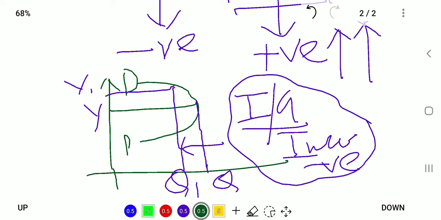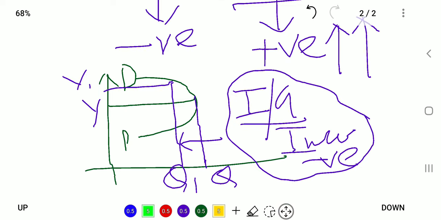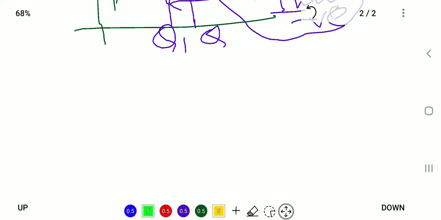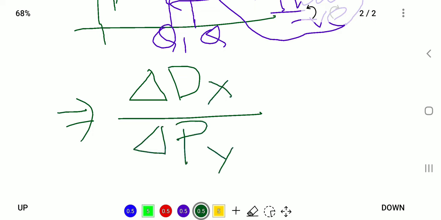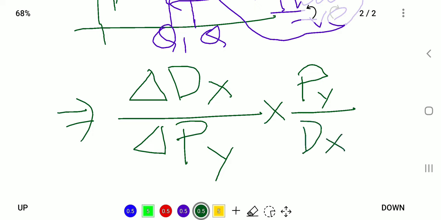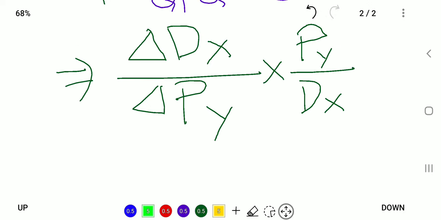And what is cross elasticity? Cross elasticity is presented by delta D suffix x whole divided by delta P suffix y multiplied by P suffix y whole divided by D suffix x. So here two commodities are there.